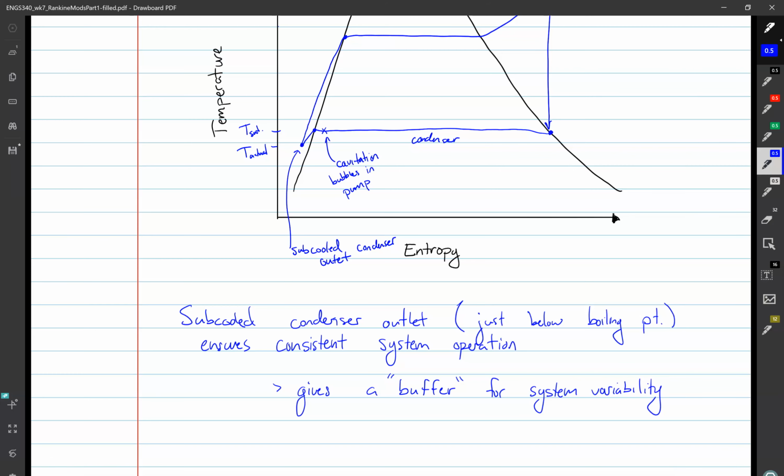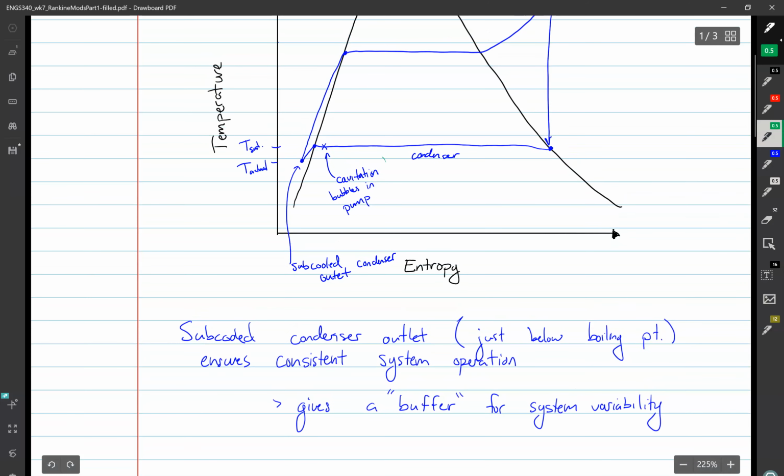So if our condenser performance is changing a little bit, or our flow rates are changing a little bit, or the cooling water temperature is changing a little bit, by subcooling the condenser outlet, or designing our system to subcool the condenser outlet, as I've drawn there, it gives us just enough of a buffer that we can deal with slight changes in the operation without ending up somewhere like that X that I drew there, where we end up with something that's not totally liquid, that's a vapor-liquid mixture, which would give us a number of different problems.